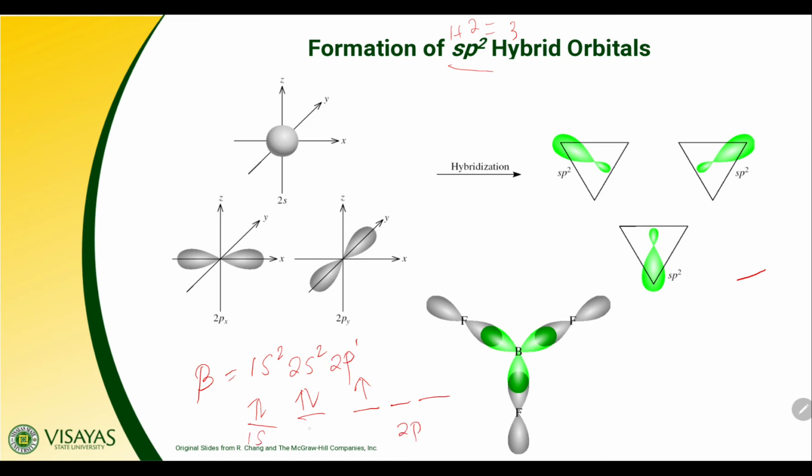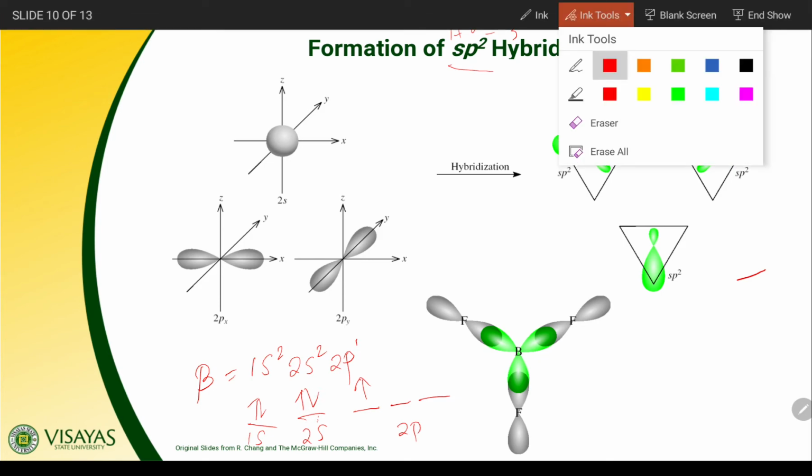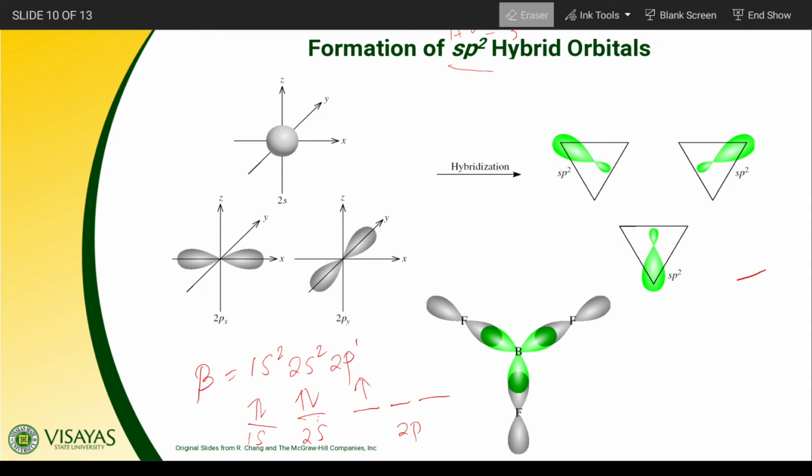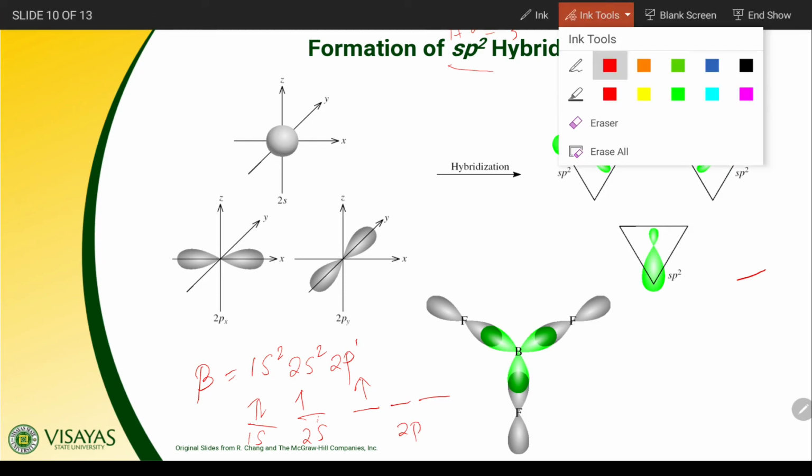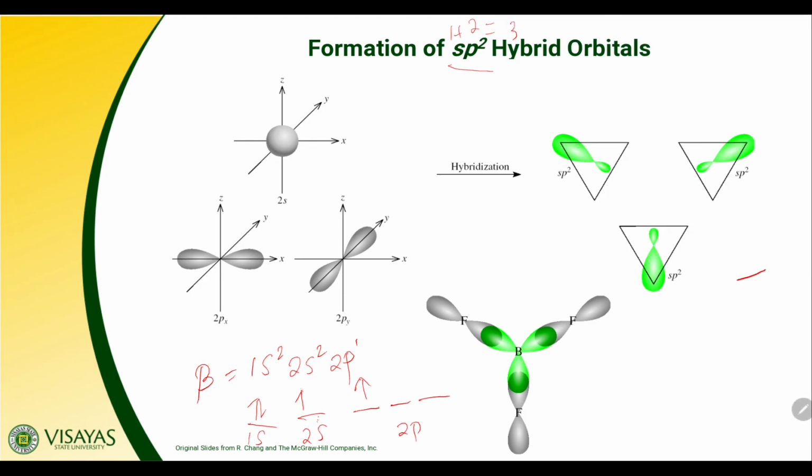Same with carbon, one of the electrons in 2s gets promoted, gets excited, so it goes to one of the vacant p orbitals in boron. So now we have 1 electron in the 2s and 2 electrons in the 2p.